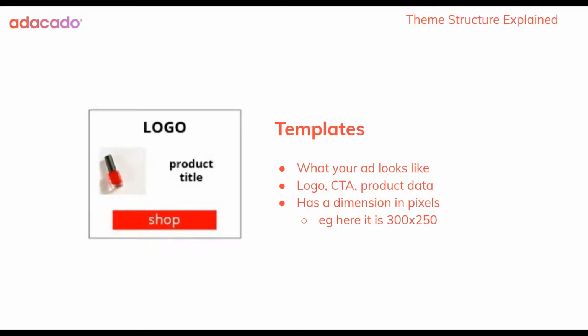It probably has a logo, probably has a call to action button or a CTA, and it may have product data, or it could just have static text, and it's a certain size. So in this case, this is a very common size for display ads. It's a 300 by 250 pixel template.